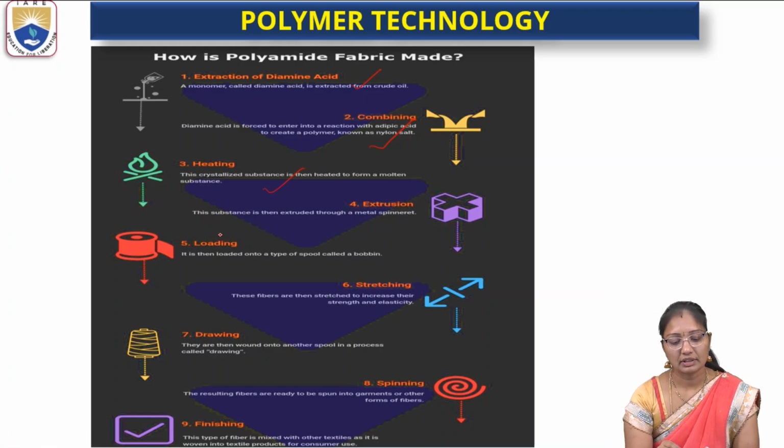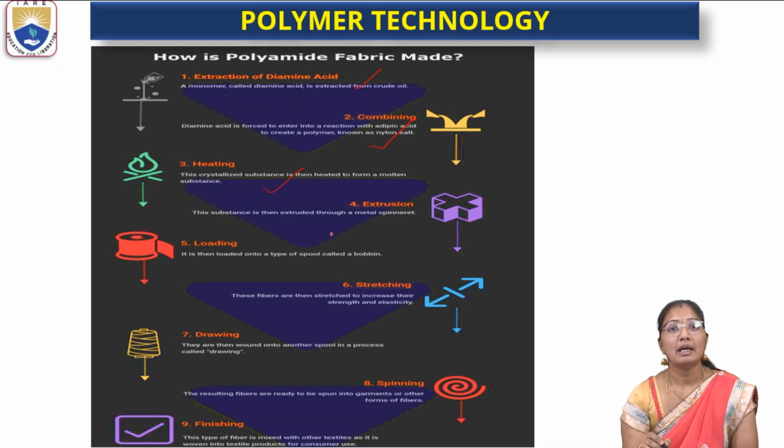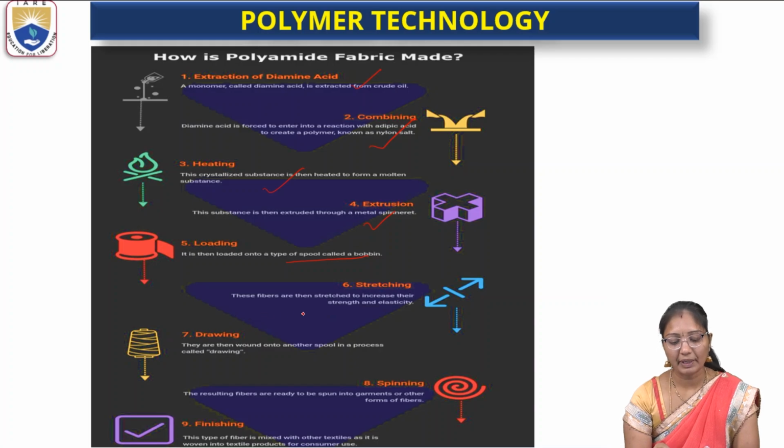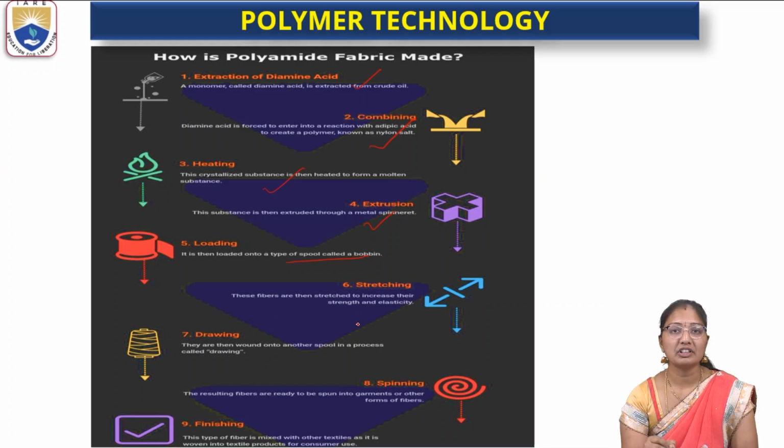Then extrusion. The substance is extruded through a metal spinnerette. Then loading onto a type of spool called a bobbin, followed by stretching. These fibers are stretched to increase their strength, and due to this process the strength and elasticity of the fibers increase.